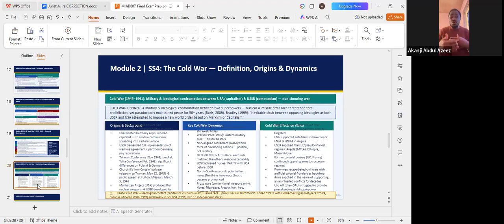Cold War is a war that was fought without the involvement of military action. You can see from the slide, it is a military and ideological confrontation between two superpowers, the United States and the Soviet Union.